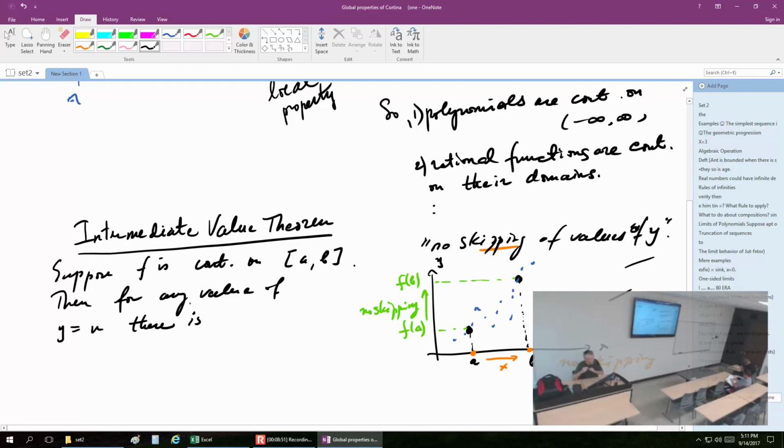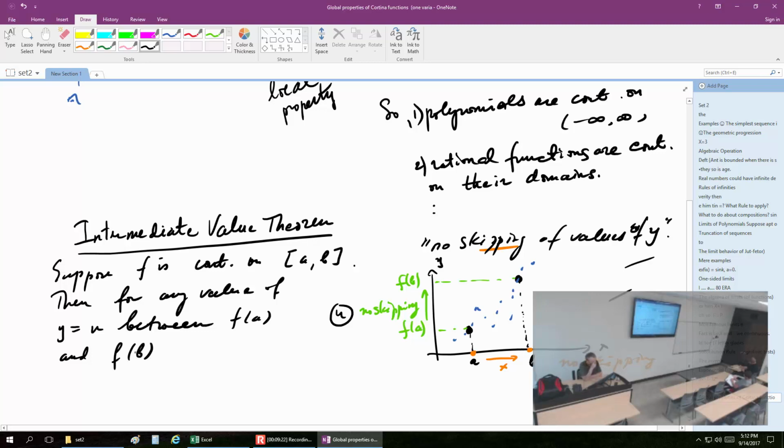We trace our steps back. What does it mean that for every value between f of a and f of b there is a point, every point is there? It means that it has come from somewhere. So I pick a value of u between f of a and f of b. This is what I'm saying here: for any value of y equal u between f of a and f of b.